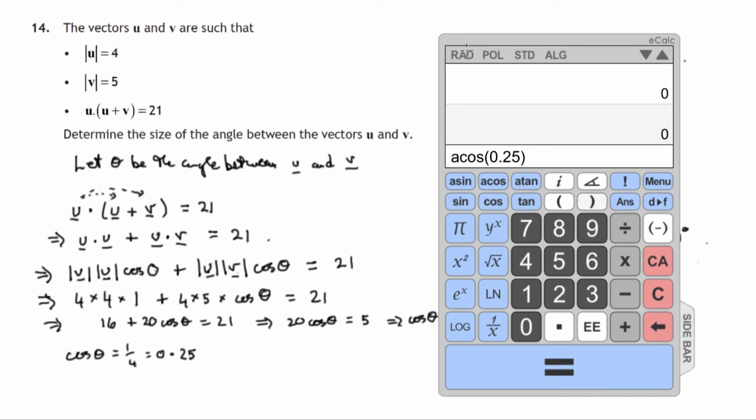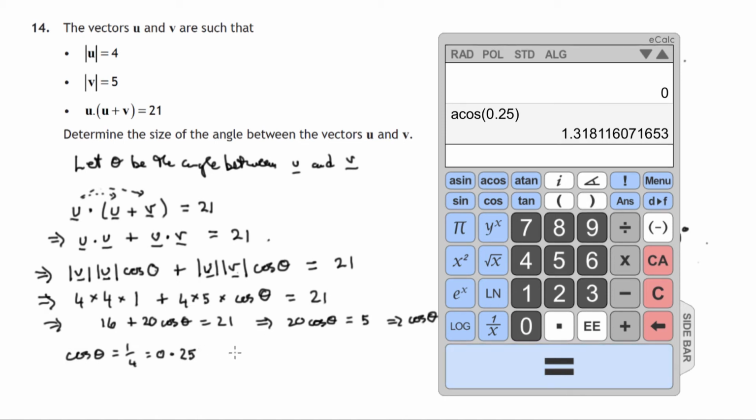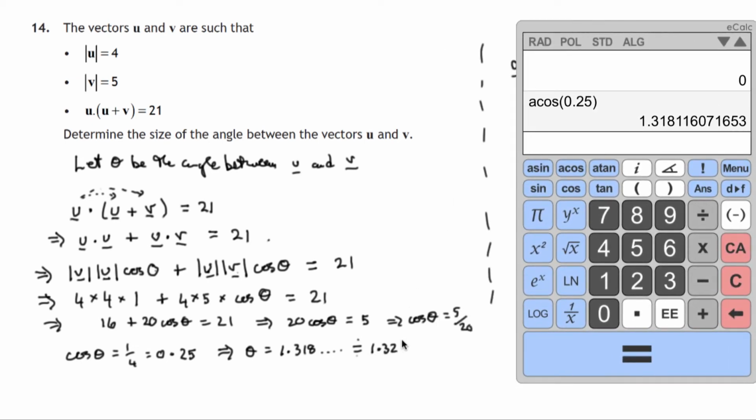And if we're measuring in radians, there's the angle. So it's 1.318 and so on. So that's approximately 1.32. And that's to 3 significant figures.